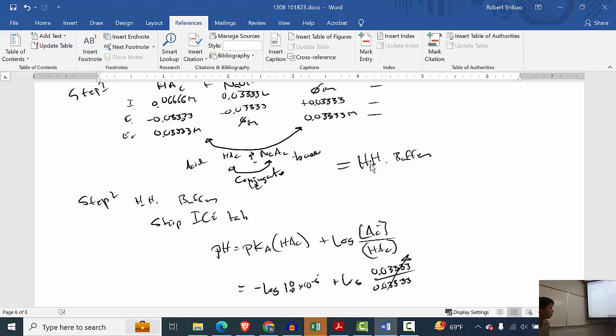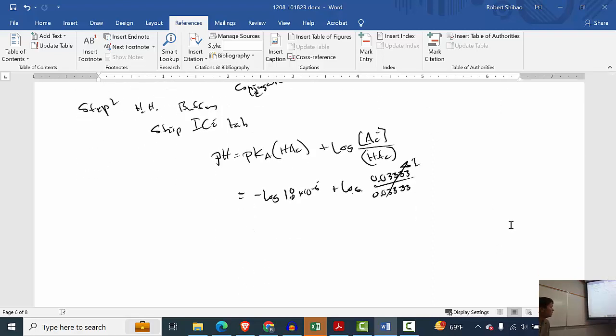And so that goes to 1. The log base 10 of 1 is 0. And then the negative log of that is 4.744 plus the log of 1, which is 0.